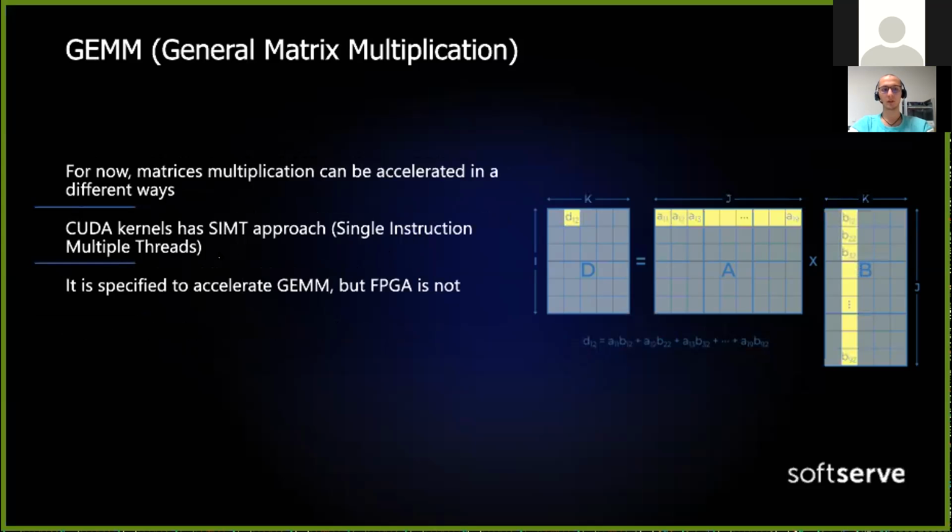And CUDA kernels have these SIMD approaches, single instruction, multiple threads, that help to accelerate matrix multiplication on the GPU, but FPGA has a different structure that makes it impossible to use simple matrix multiplication.